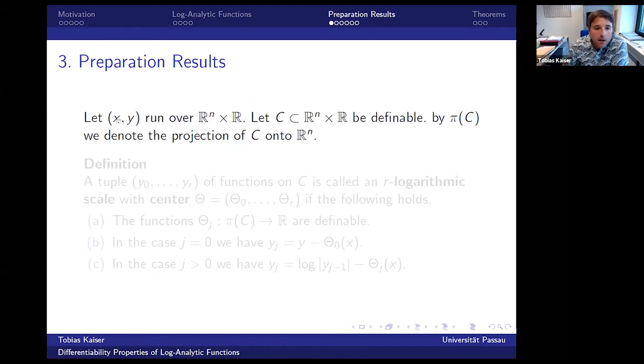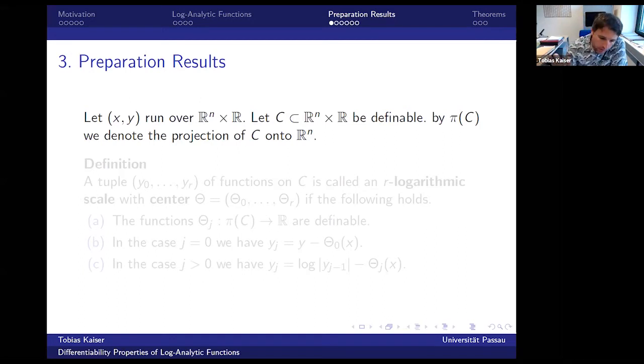So x runs over R^n, y over R. Let C in R^n times R be a definable set, and by P_C we denote the projection of C onto R^n. So P is a projection from R^(n+1) to R^n, the projection on the first n coordinates.